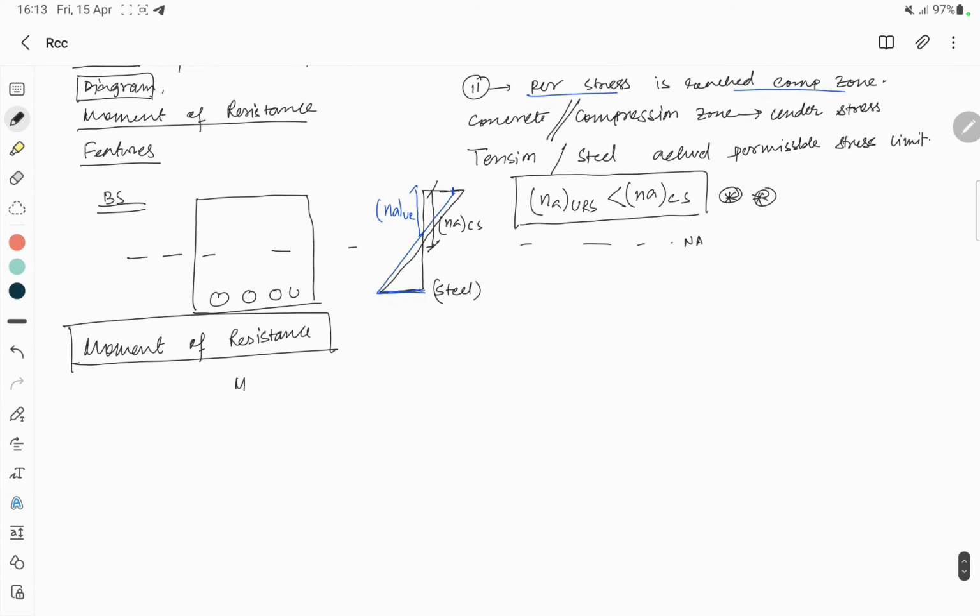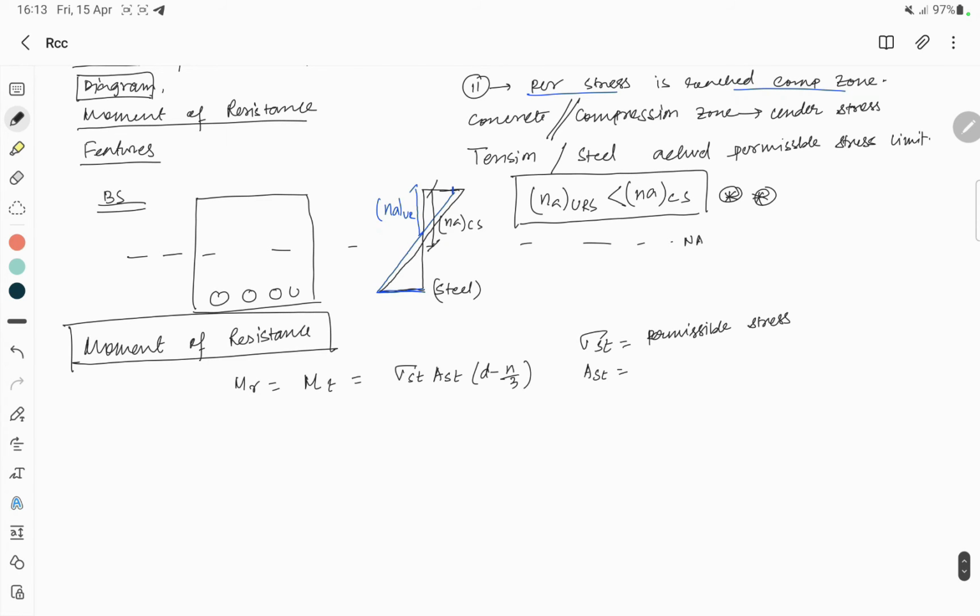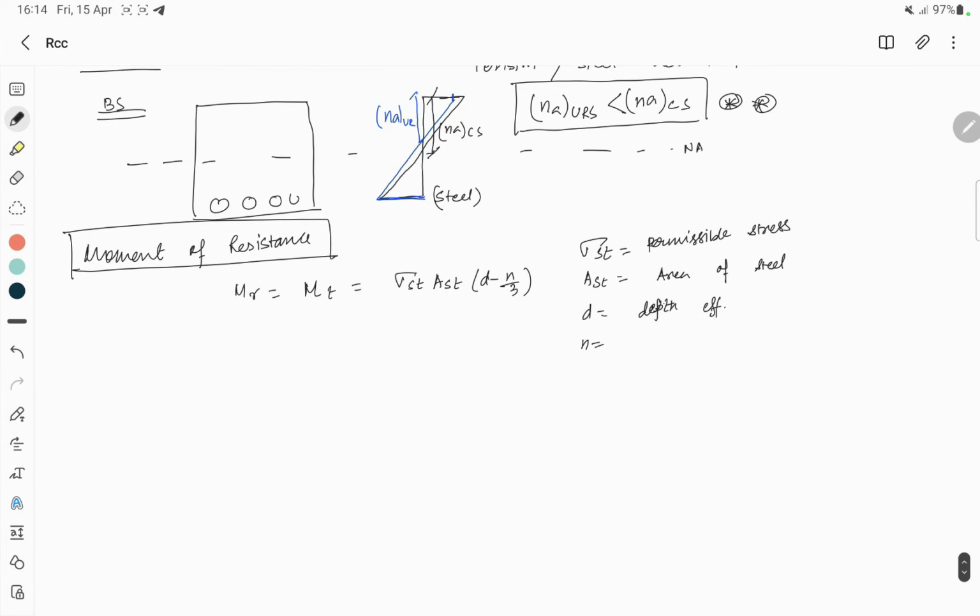So here moment of resistance equals the moment due to tensile steel, that is sigma st into Ast into (d minus n by 3), where sigma st equals permissible stress, Ast equals area of steel, d means effective depth, and n equals neutral axis.